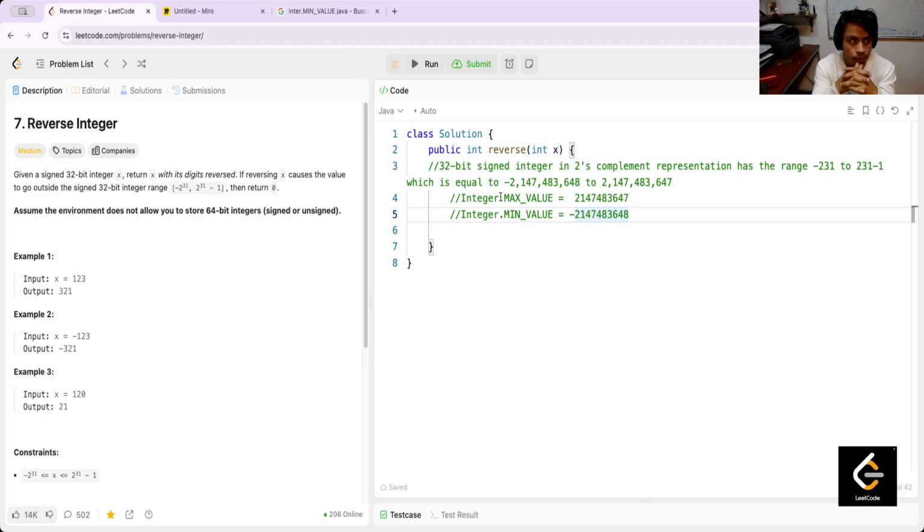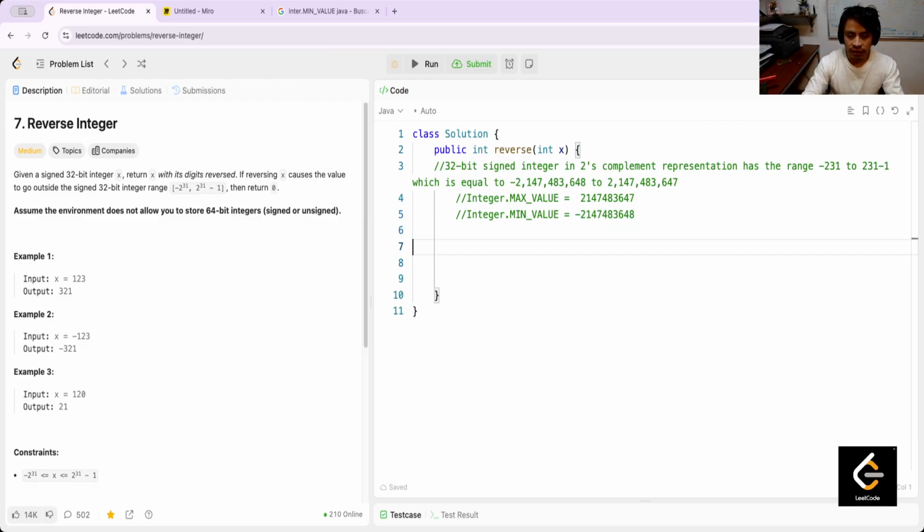I'm not sure. This is easy if I only reverse the integer, and what happens is an exception because it's out of range.